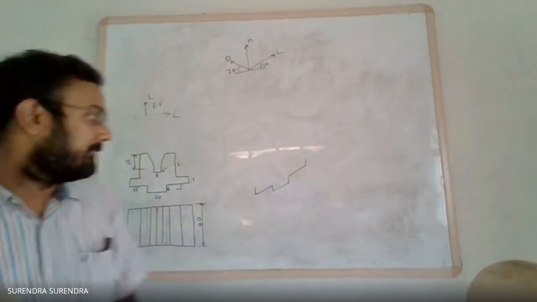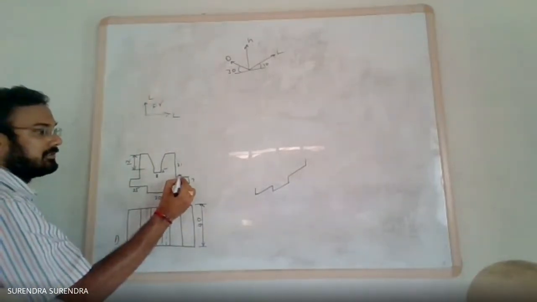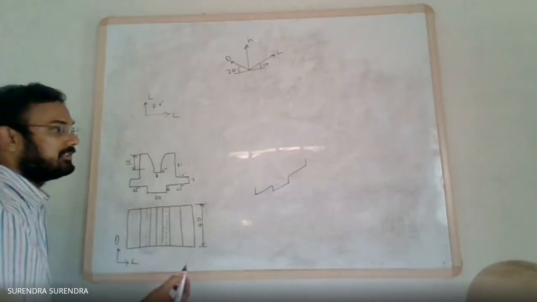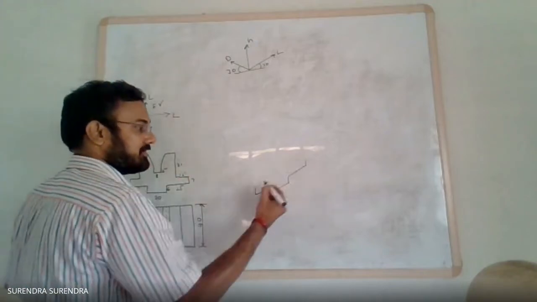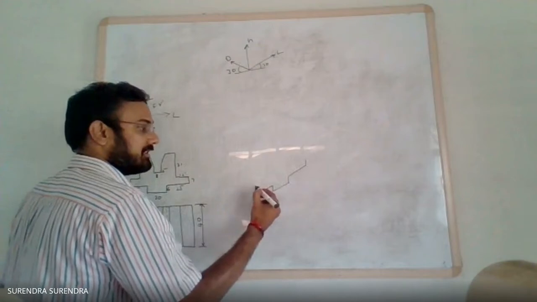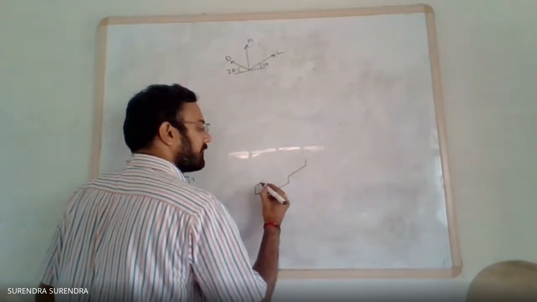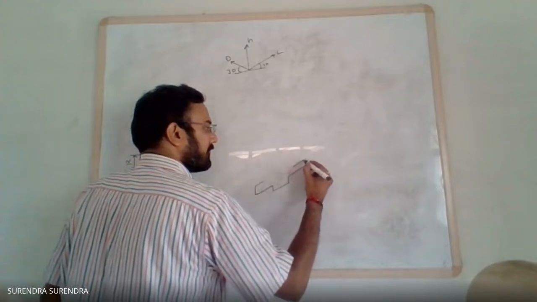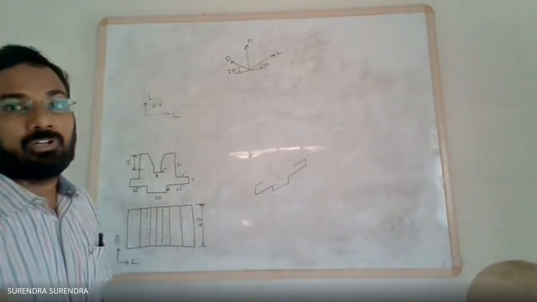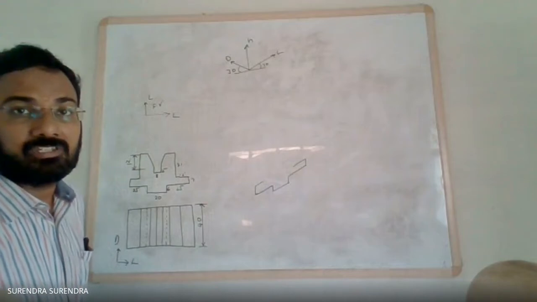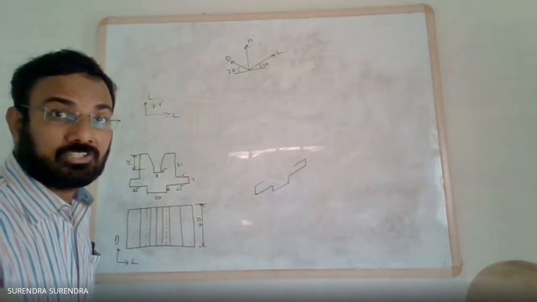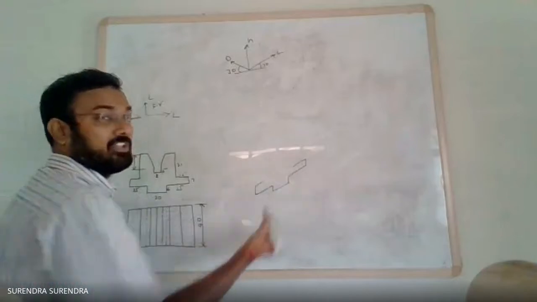Yes, 15 mm. So from these two points, draw 15 mm long lines along 30 degrees inclination.